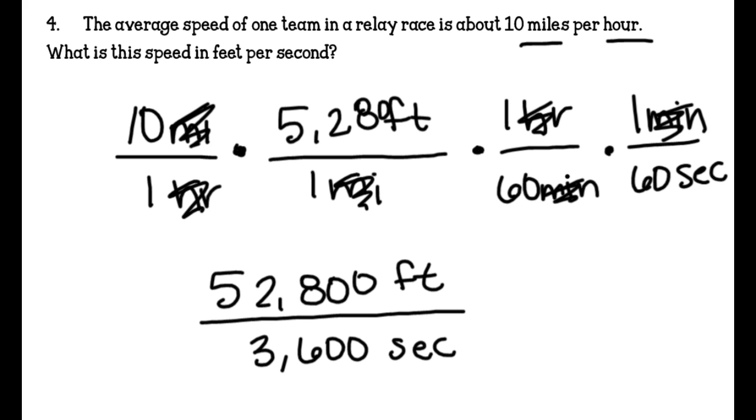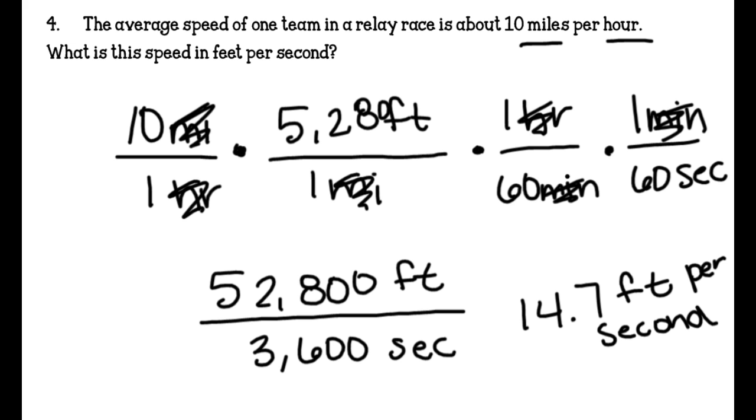So I'm going to divide that and I get, whoever this person is in the relay race, you can do 14 7/10 of a foot in 1 second. And I circle it. And that's my answer.